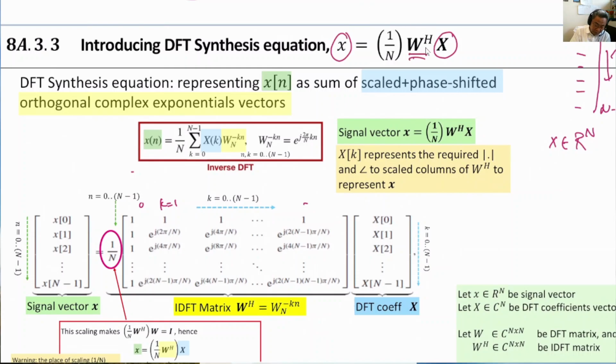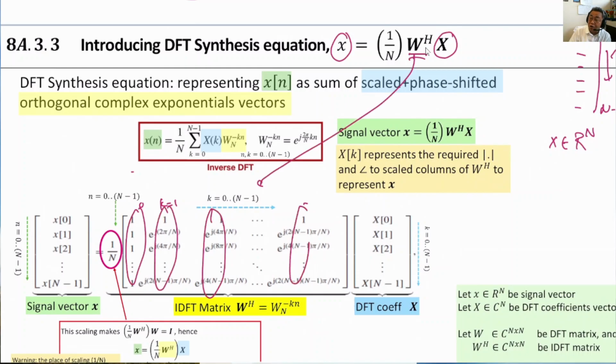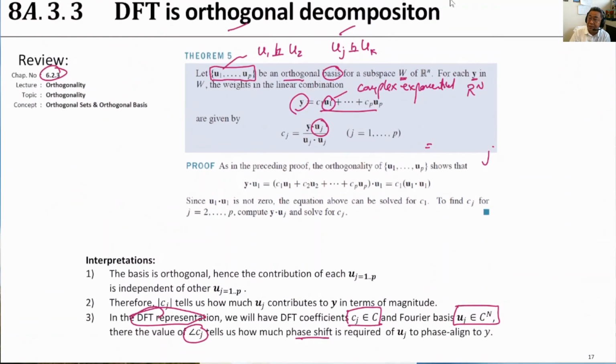The Fourier basis is this guy, which are complex exponential vectors, and they are being scaled by the big X, which represents how we can scale each of these columns. And since these basis vectors are orthogonal to each other, our understanding is exactly the same as Theorem 5 here.